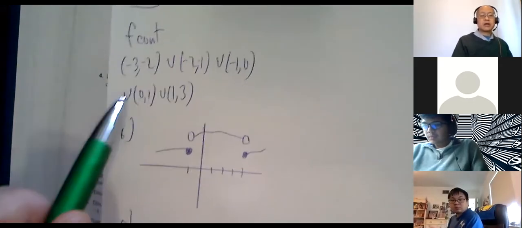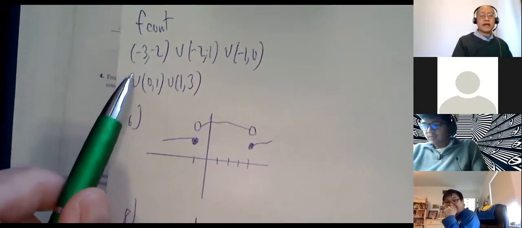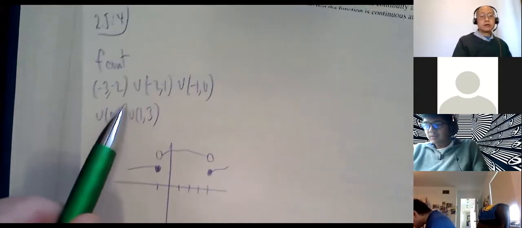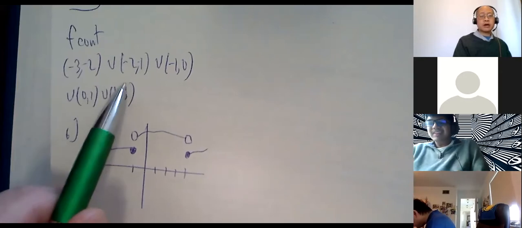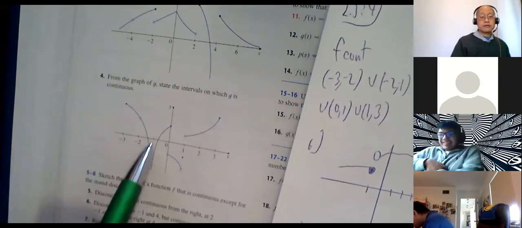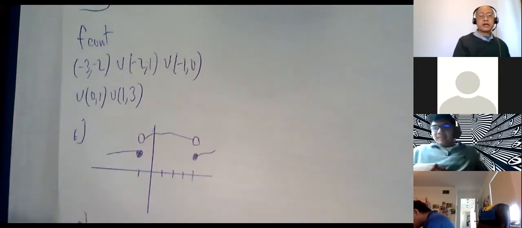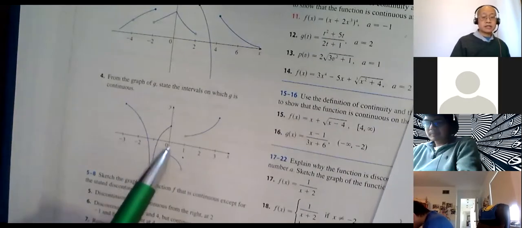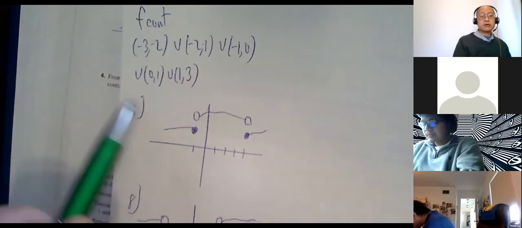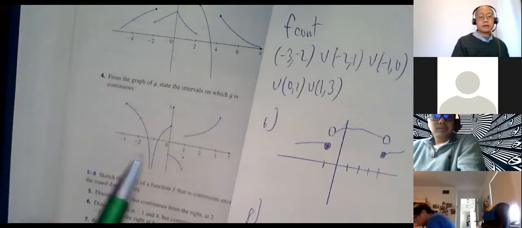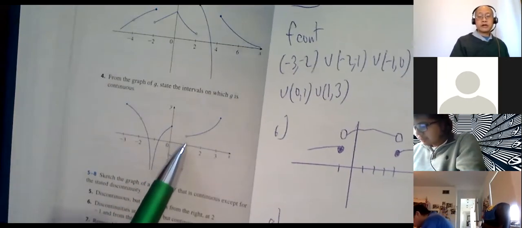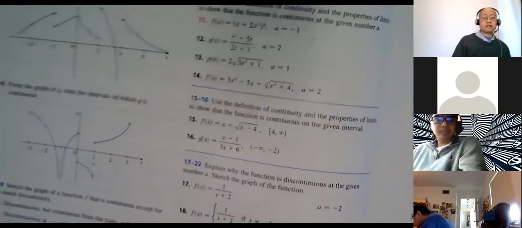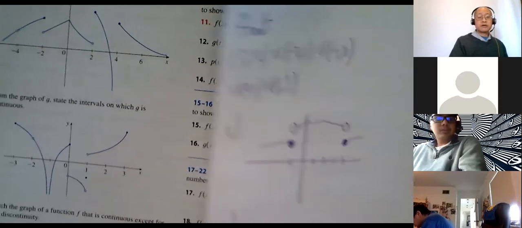So f is continuous on the open interval from -3 to -2, union -2 to -1, union -1 to 0, that's here, union 0 to 1, and then union 1 to 3. I can barely show the book. I know it's not focused so well.